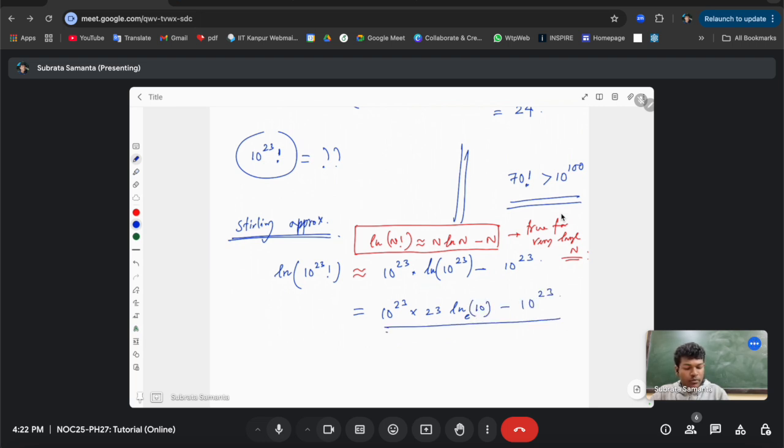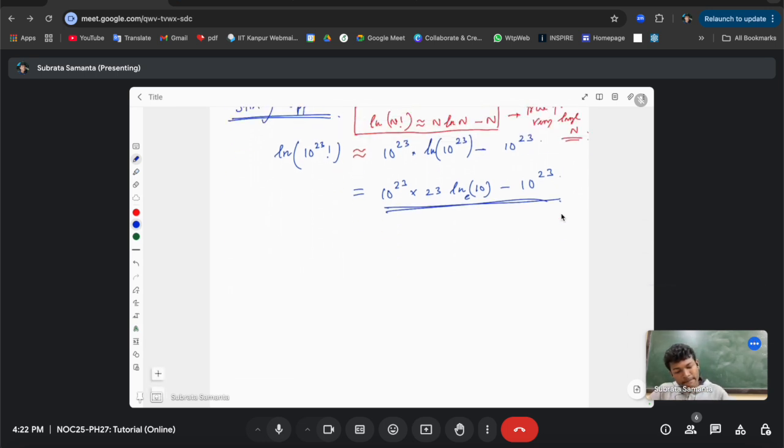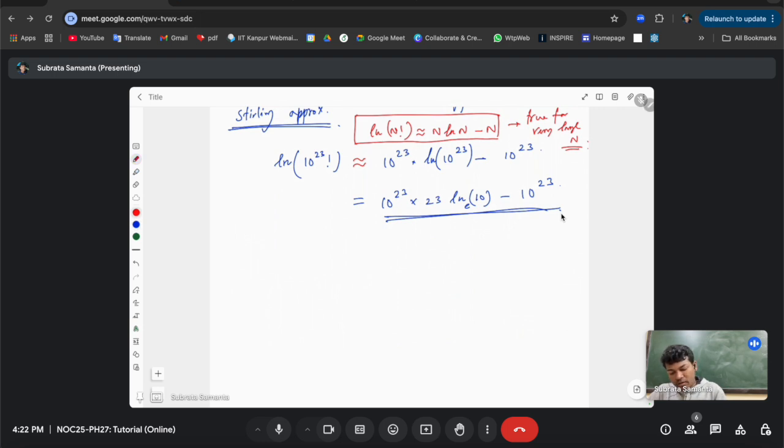Now we can compute this in your calculators. You have to use this kind of approximation in order to compute very large numbers. It commonly appears in your course, in your thermal physics problems. So far, any questions?